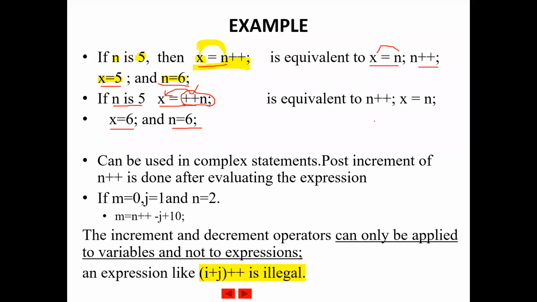So now get ready. Instead of increment, if I am using a decrement, what will be the value of x and n, if I am using a postfix decrement operator? Tell me the answer.